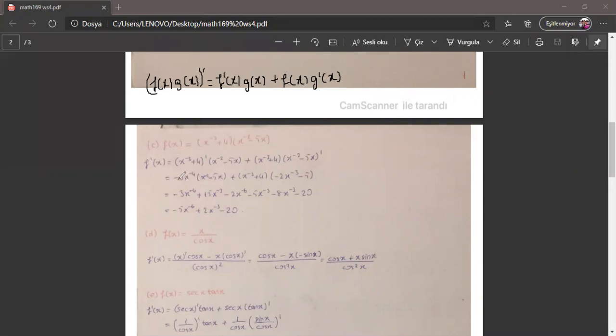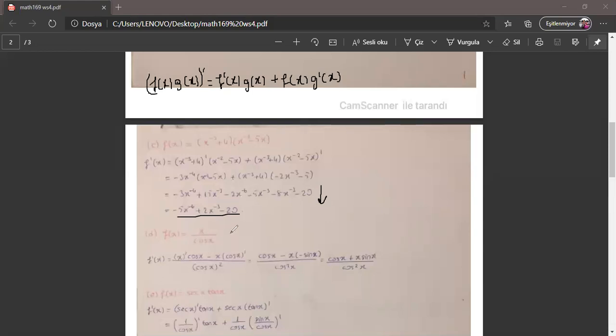So you write minus 3 x to the minus 3 minus 1, which gives you minus 4. And this one's derivative is already 0, so you just write the second function, which is x to the minus 2 minus 5x plus, as in here, and this first function times the second one's derivative, which is this, okay? And the rest is easy. You just operate, you just add or subtract, so you have finally this one.